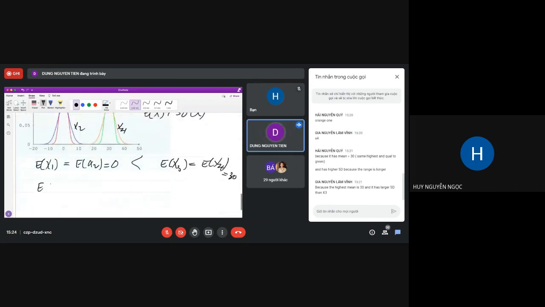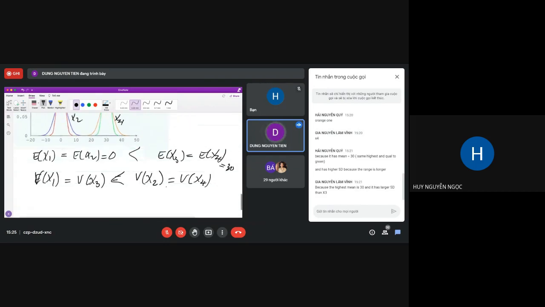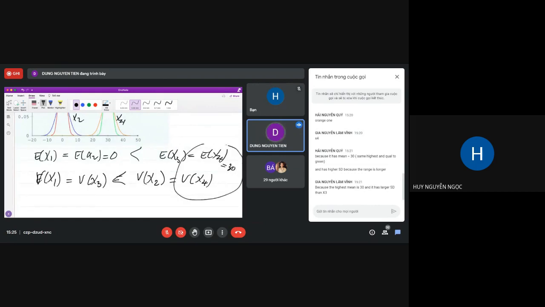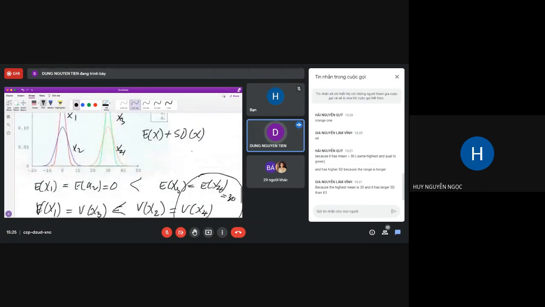As I'm saying, the variance of x1 and x3 are the same, right? The variance of x2 and the variance of x4 are the same as well, and they are greater than the variance of x1 and x3. So based on this, I can conclude that x3 gives you the greatest sum.